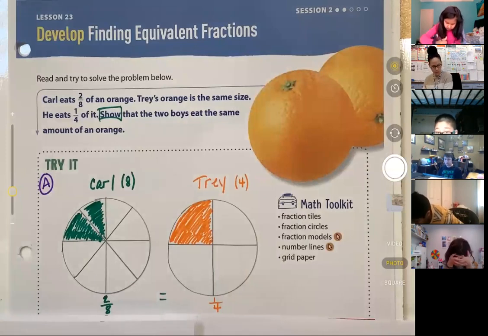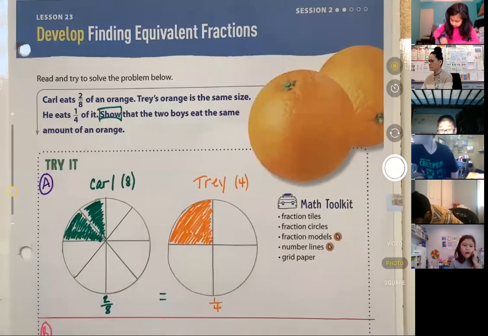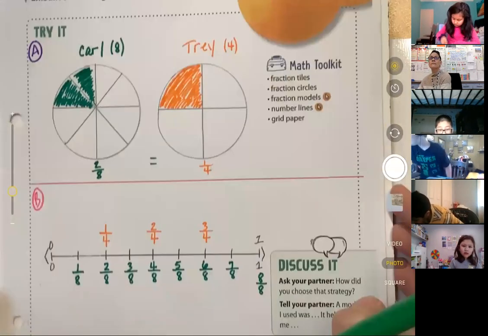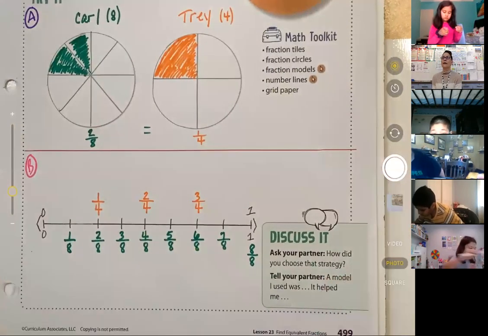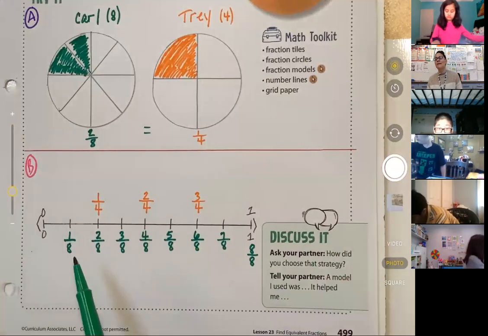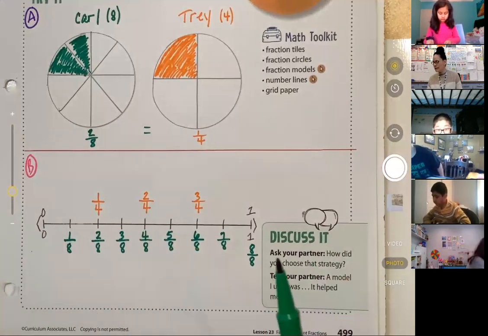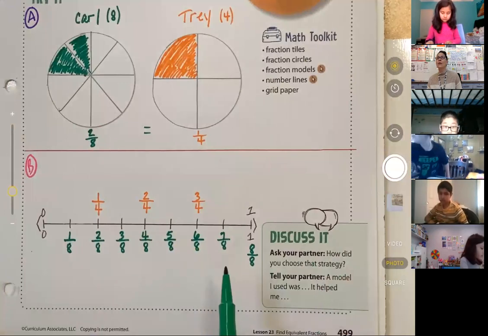So now what we are going to do is we're going to draw a number line. And you can see that the number lines in color represent each of their oranges.